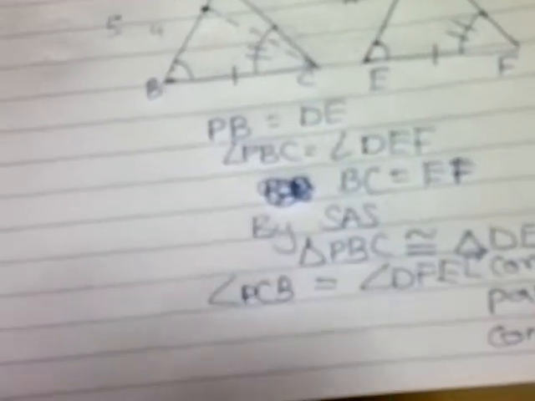So in the reason we write corresponding parts of congruent triangles. Angle PCB should be equal to angle DFE.